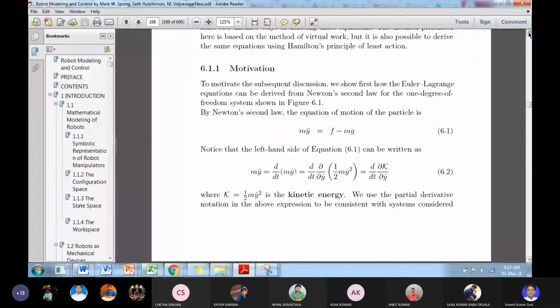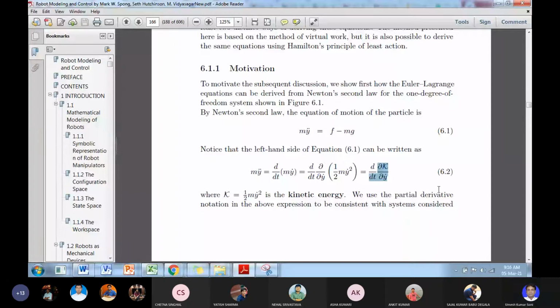Potential energy here, this is the kinetic energy. You can find out this term as m d square y upon dt square, which is equal to the time derivative of the partial derivative of kinetic energy with respect to the differential of joint position. Okay, so this is the first term.